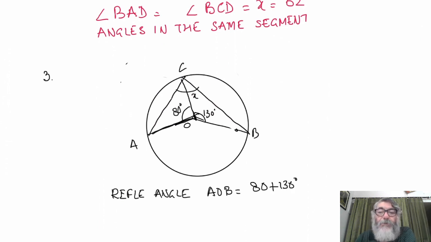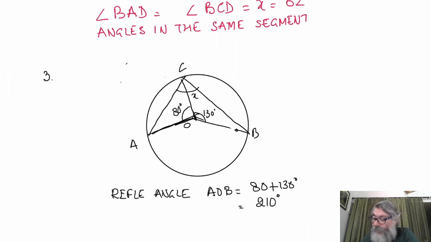If you add both the angles 80 and 130, you get the reflex angle AOB, which will be 210 degree. Any angle which is greater than 180 degree is called a reflex angle. So this angle AOB is 210.